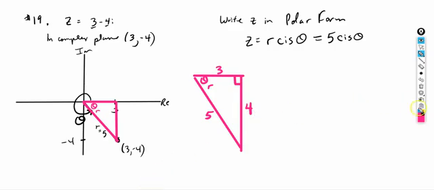Right. So again, if I want to find out what my reference angle is, if I label this, there's my hypotenuse. With respect to the reference angle, there's my opposite side and there's my adjacent side. The sine of my reference angle is going to be opposite over hypotenuse.